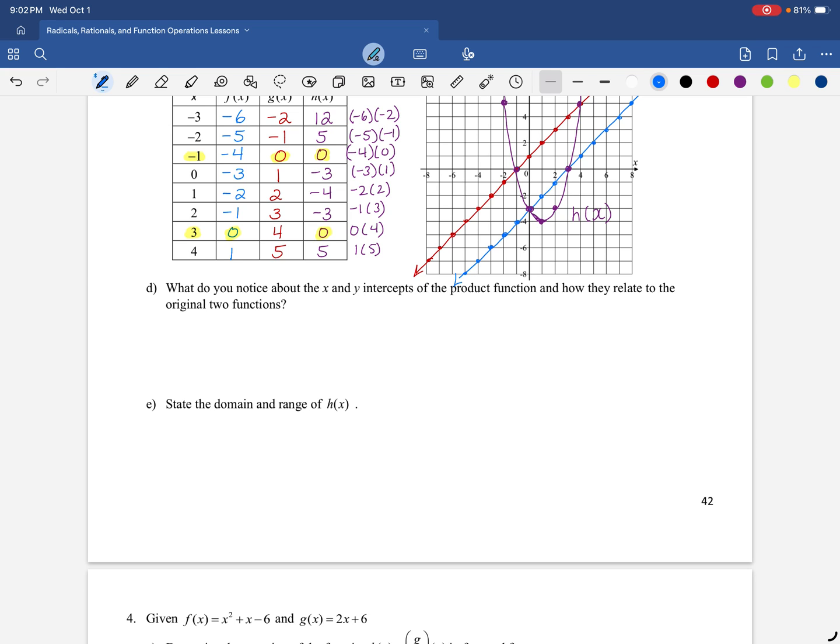We notice the x-intercepts of h of x are the same as f of x and g of x.